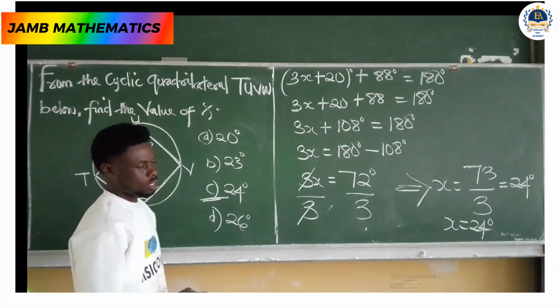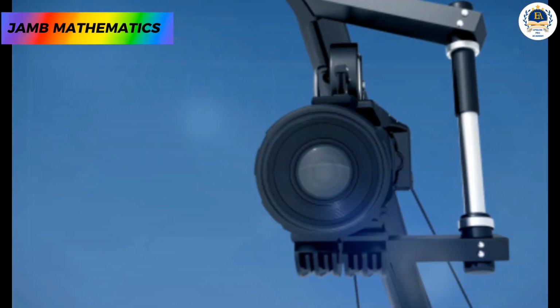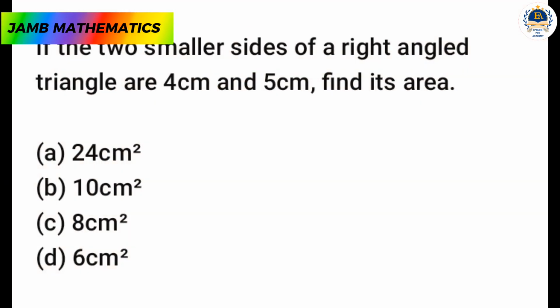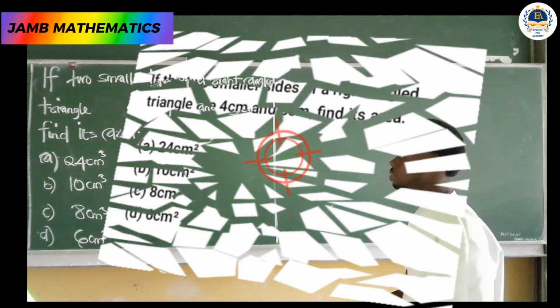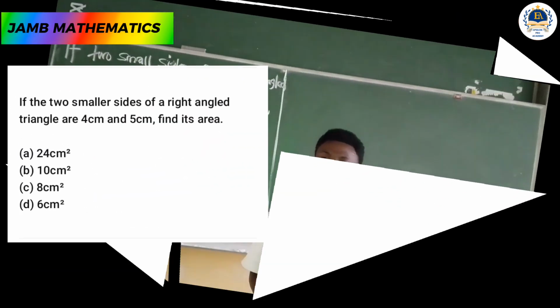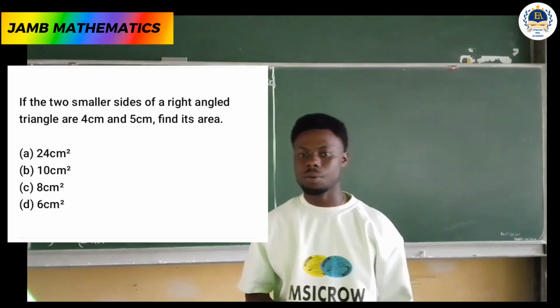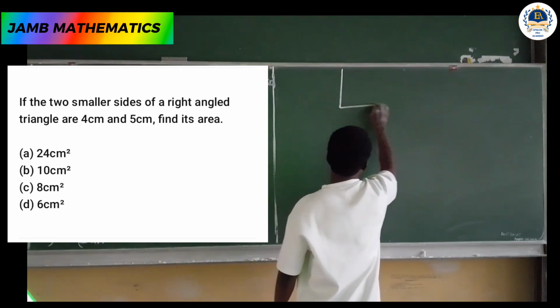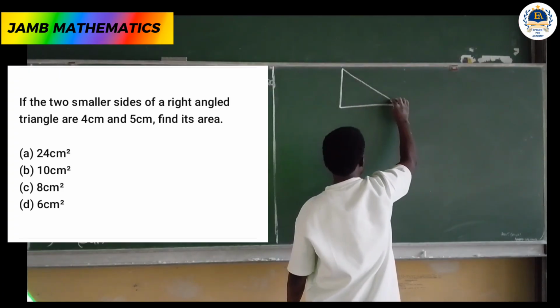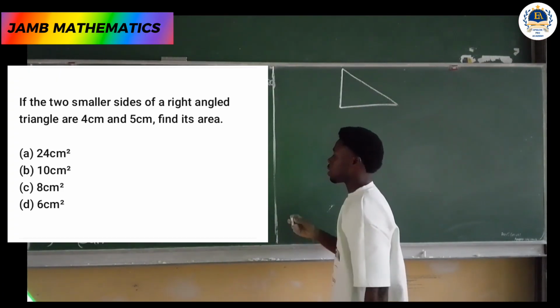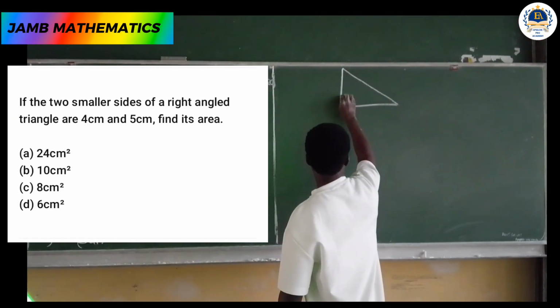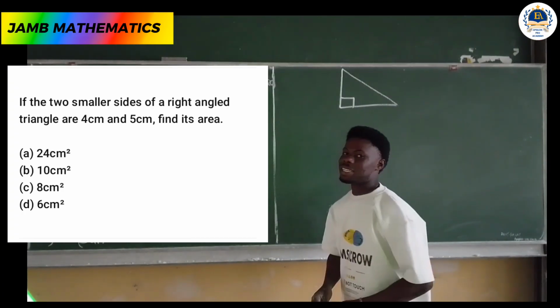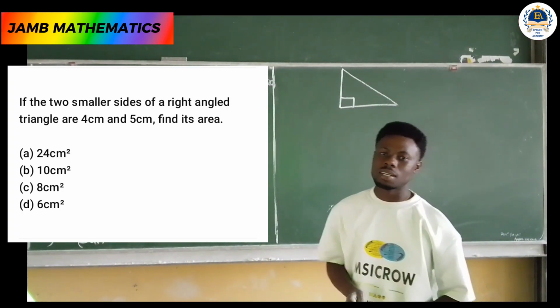If two small sides of a right angle triangle are 4 cm and 5 cm, find its area. In this question, we are going to consider the right angle triangle. A right angle triangle has 3 sides, and out of the 3 sides, one is the longest.